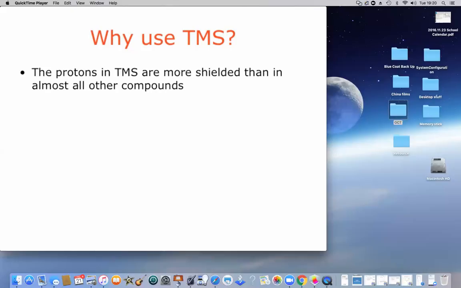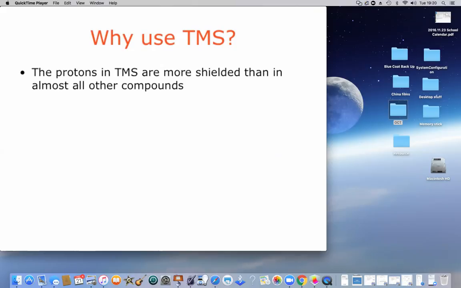So if hydrogen is, for example, bonded to a highly electronegative element like oxygen, we say that the proton is de-shielded, and that means that a less intense magnetic field is required to cause the hydrogen nucleus to align. But in TMS, the shared pair of electrons is closer to hydrogen than in most other compounds that we might carry out an analysis on, which means that it is at an extreme side in chemical shift, which we'll look at in a minute.